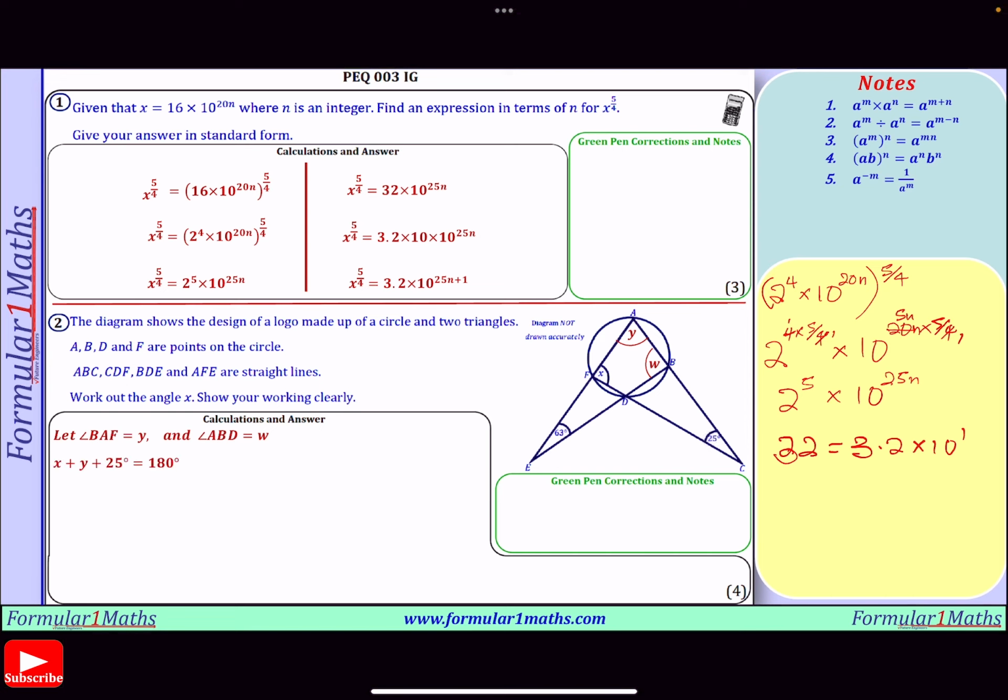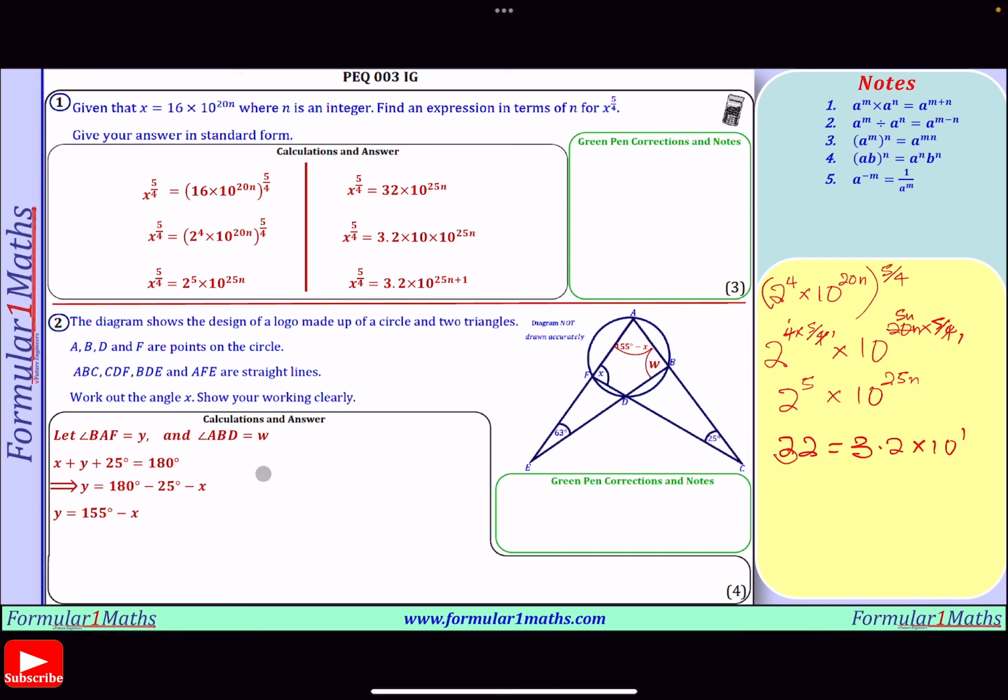And if we rearrange to make y the subject, we are going to get y is equal to 180 minus 25 minus x. This simplifies to 155 minus x. So we can now replace y by this expression to get the following.